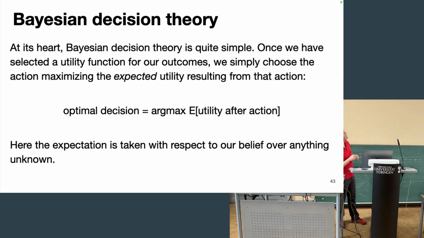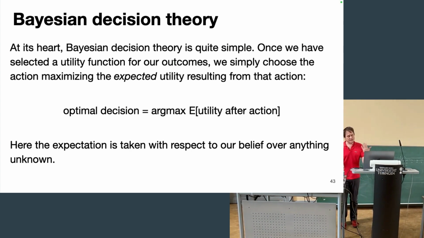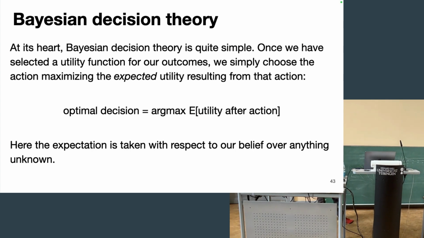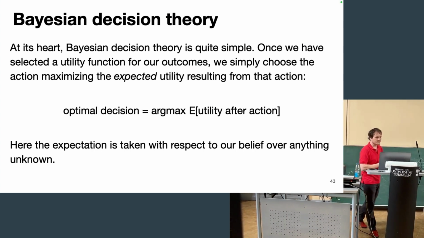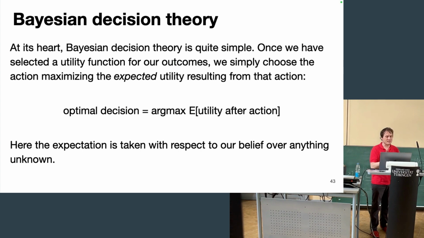In the context of experimental design, the utility function is going to be quantifying how useful a data set is in retrospect. And here I'm going to be taking an expectation with respect to anything that's unknown, in particular, the outcome of my decision.